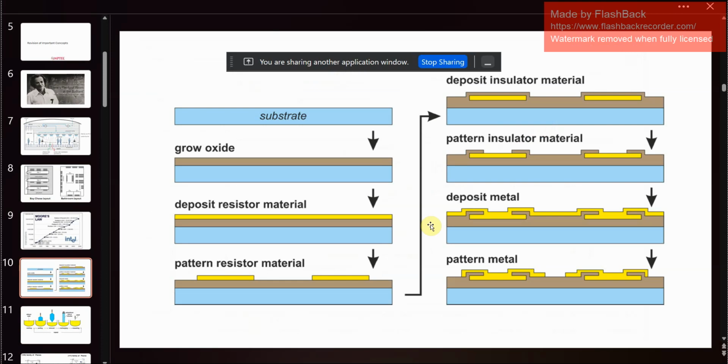Coming to a basic MEMS fabrication process, in layman's language, first you will have a silicon substrate, then you will grow an oxide layer on it.